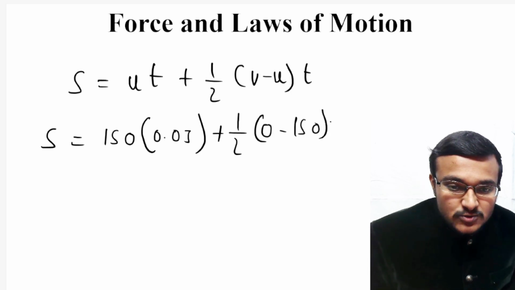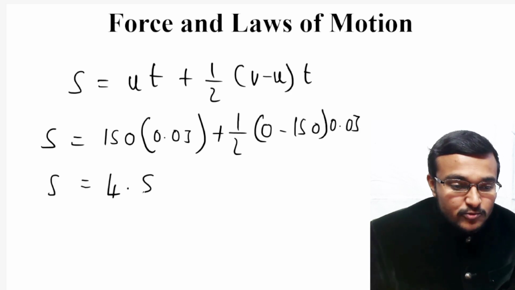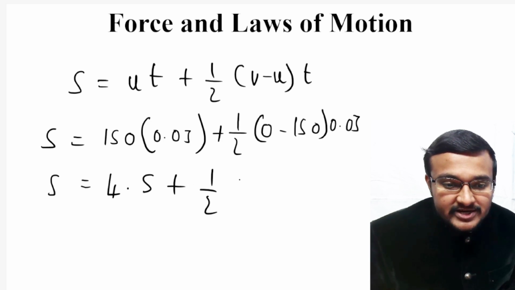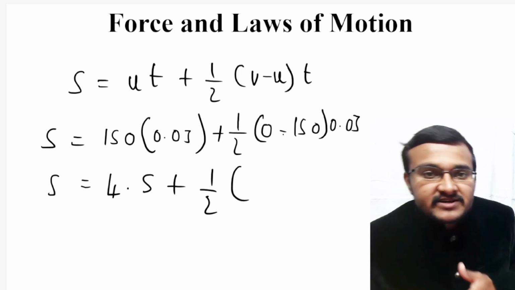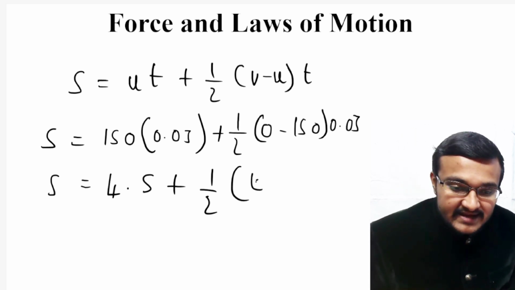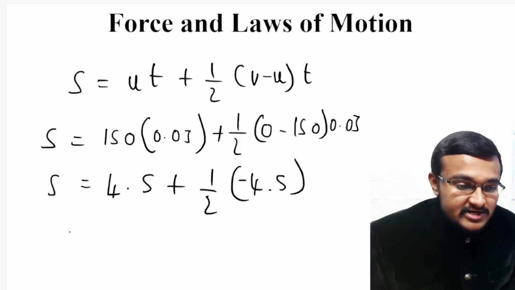So 150 into 0.03 is 4.5, plus 1 by 2 into minus 150 into 0.03, because 0 minus 150 is minus 150. So minus 150 into 0.03 is again minus 4.5. Now minus 4.5 divided by 2.